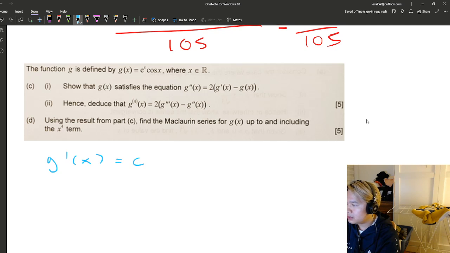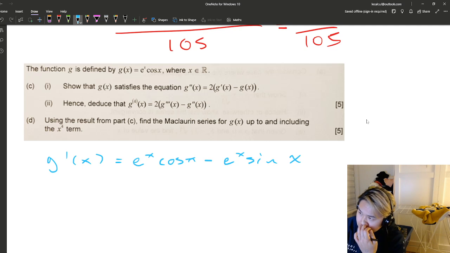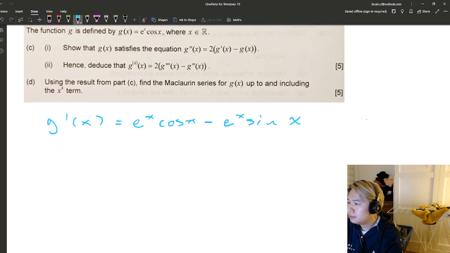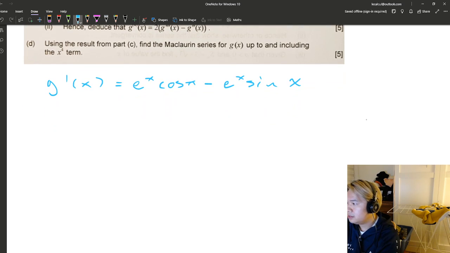We're going to use product rule, so it's e x cosine x, and then minus e x sine x. And then we should take the second derivative, I guess. So we already took the derivative of the first term. So this is just going to be this again.